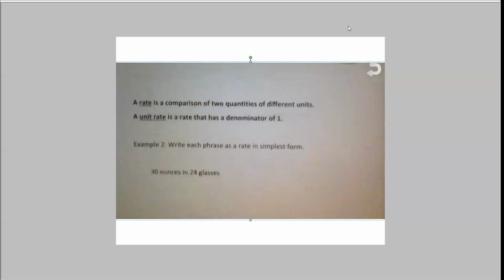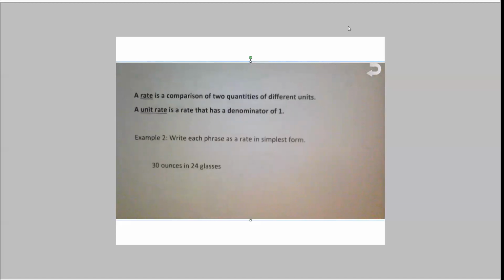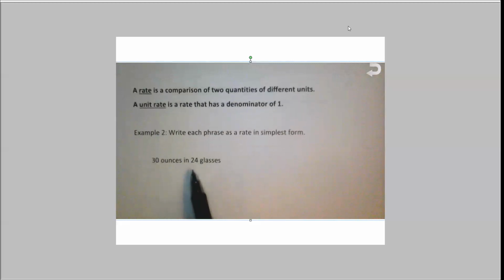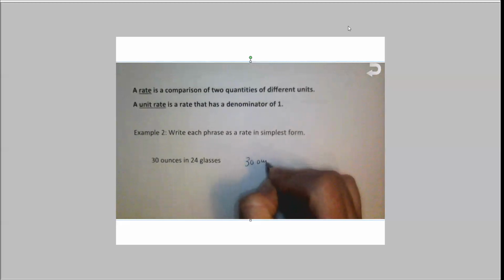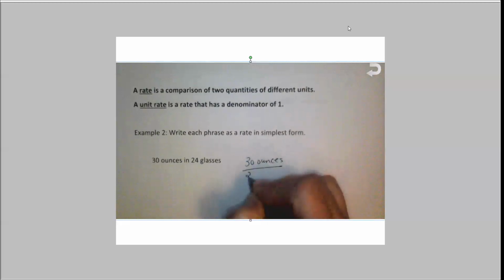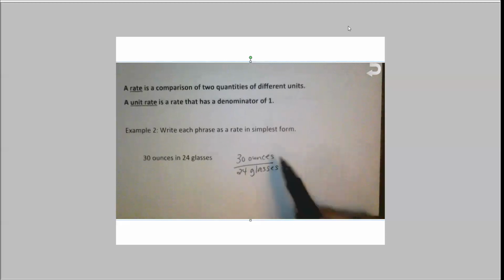In example 2, it says write each phrase as a rate in simplest form. We have 30 ounces and 24 glasses. So I'll set that up: 30 ounces over 24 glasses. And I can't cancel these units because they're not the same, but I can reduce my fraction down to lowest terms.